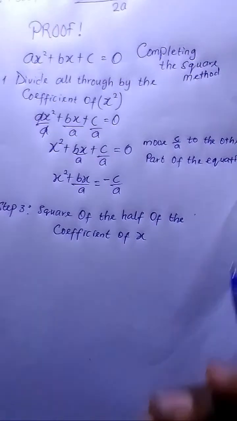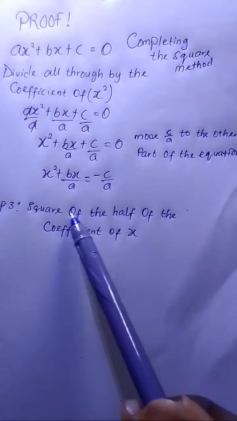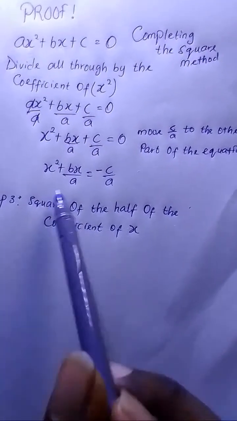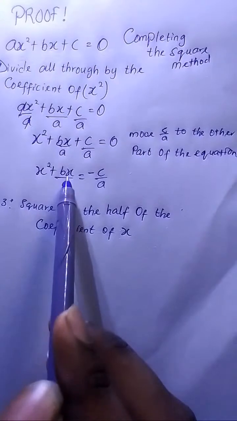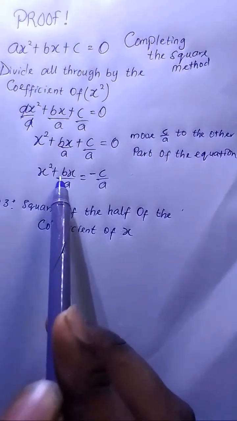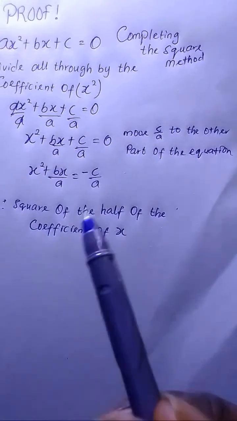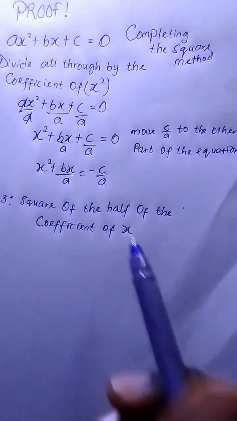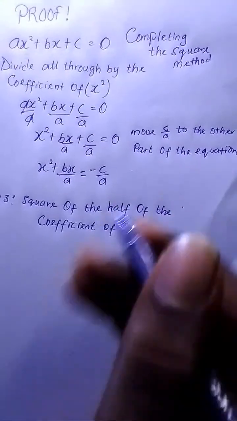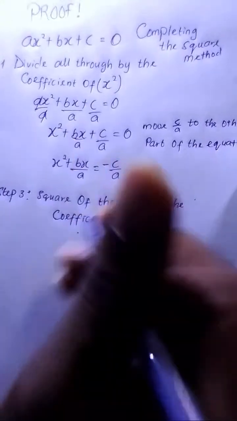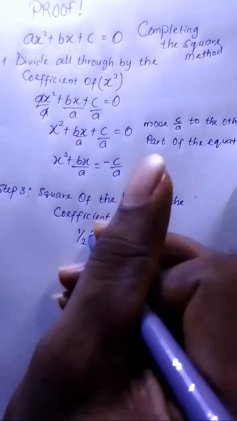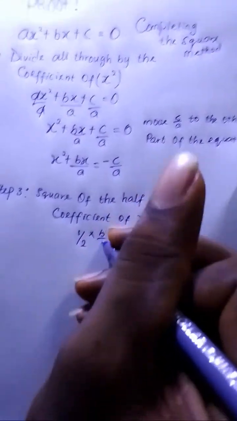I told you coefficient is the number standing beside the letter. So when we have x here, what's the number standing beside x? It is b over a. So we have to do the square of the half. First of all, we'll do the half. We know that the coefficient is b over a.